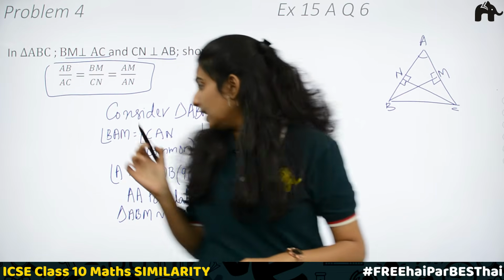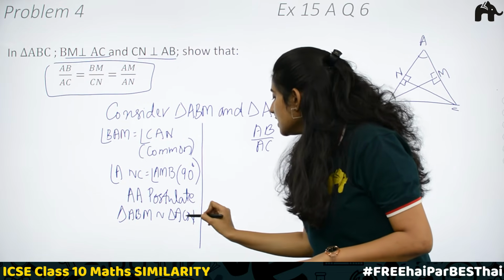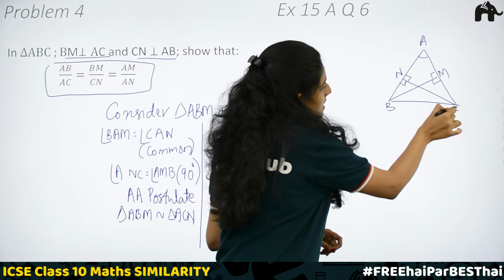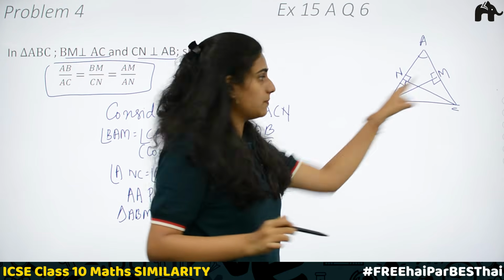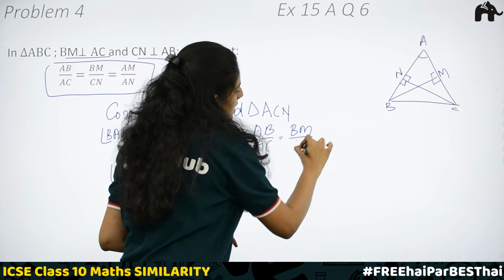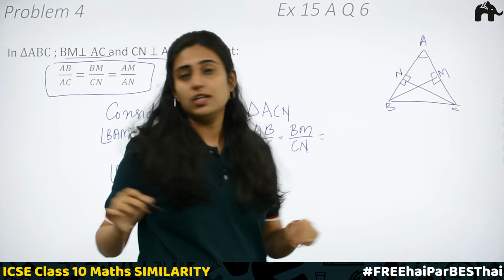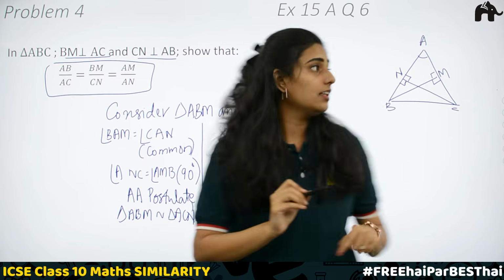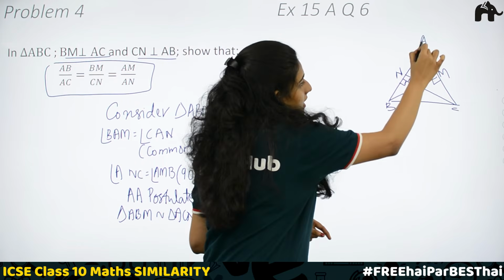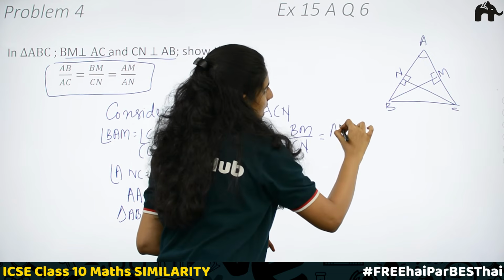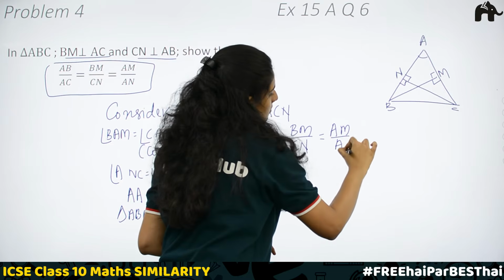Then BM, CN: here we have BM and this is CN, the perpendiculars. Equal to BM by CN. Next, AM and AN. Here we have AM and here we have AN. They are in the ratio AM by AN.